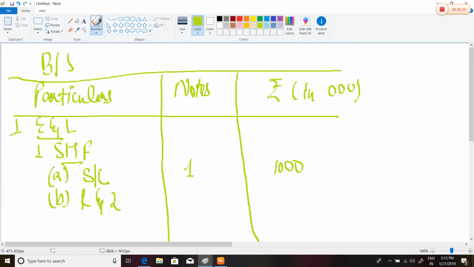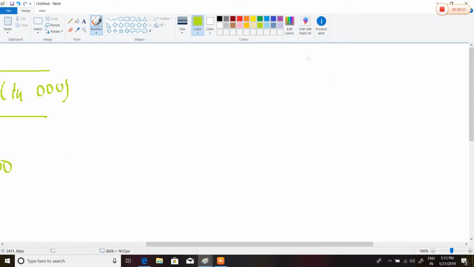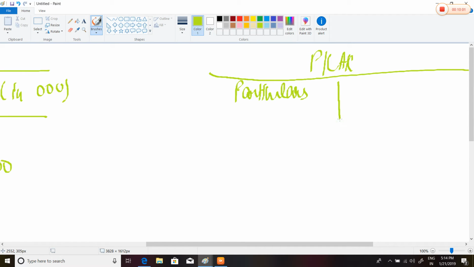We will see it later on. Side by side, start preparing a profit and loss account, or SOPL, you can say. Particulars, notes to accounts and rupees.